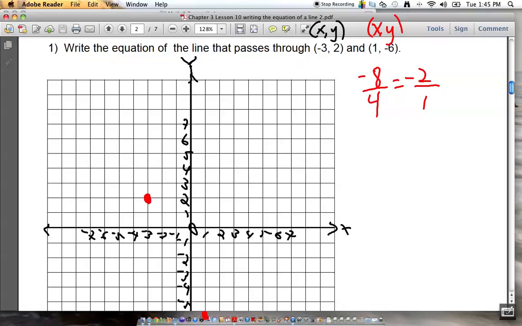Now I find it helpful to then take this point and just do the -2 over 1, and then go backwards a little bit, and let me draw the line. Now, we just said the slope was -2/1. What's the y-intercept, looking at our picture? Ethan? Sure, what's the y-intercept?